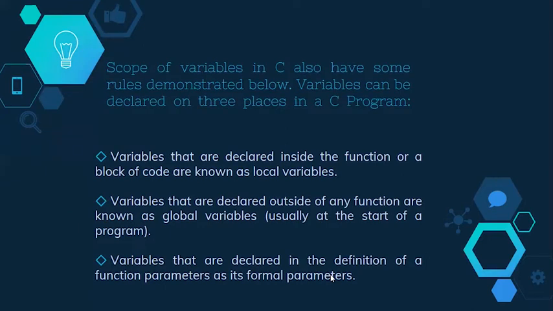Variables that are declared outside of any functions are known as global variables, usually at the start of a program. And the third one is the variables that are declared in the definition of a function's parameters, its formal parameters.